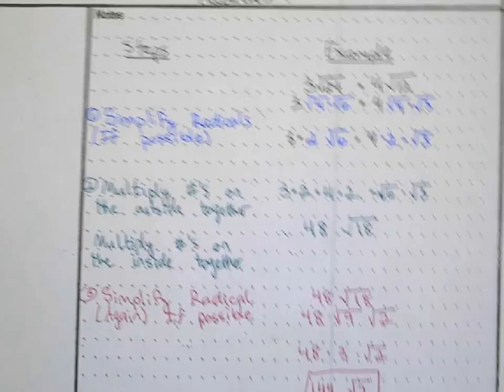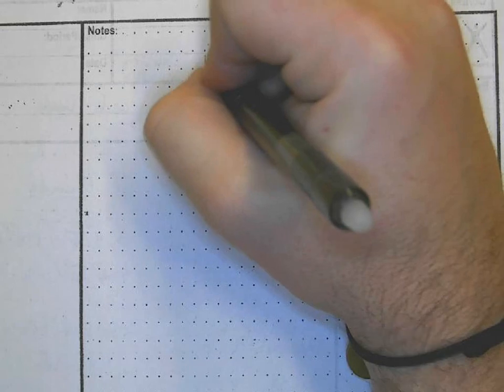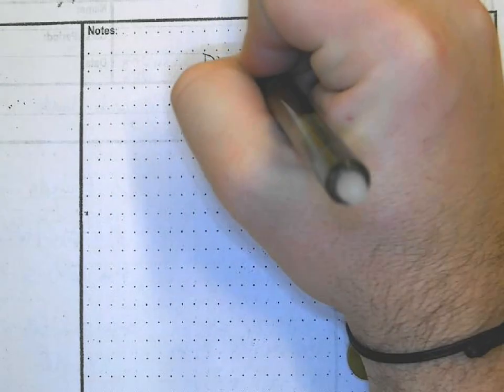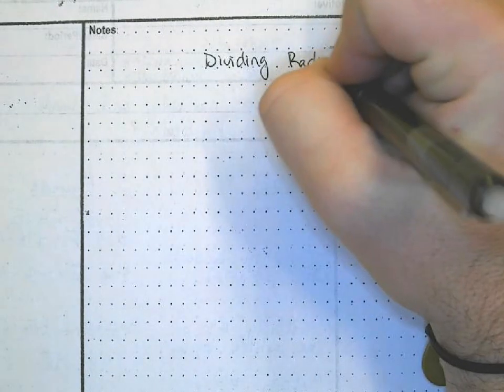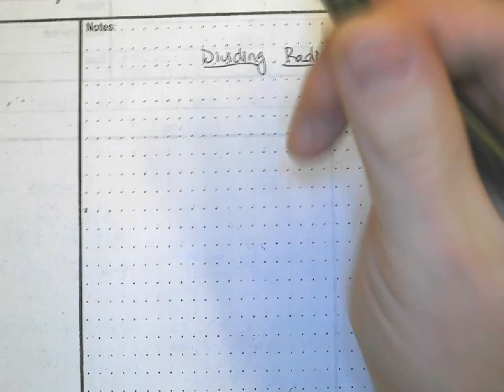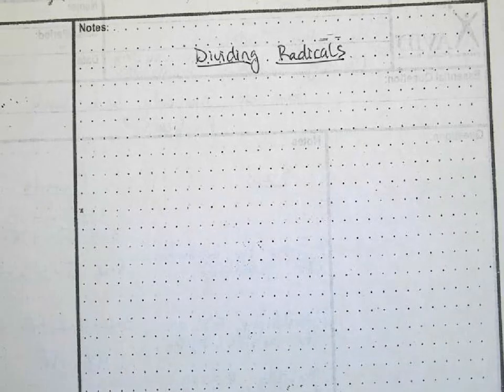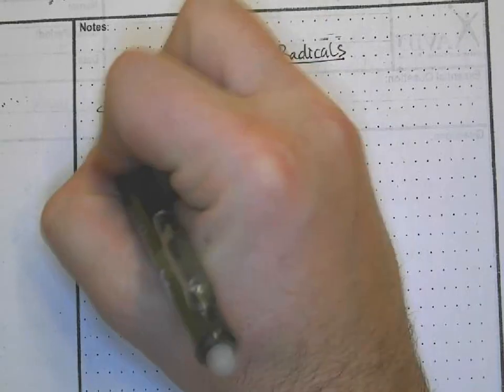Now, dividing radicals is quite similar, except we're dividing. So switch over to this side. So dividing radicals. So the first step, just like the previous one, is our simplify radicals as possible.